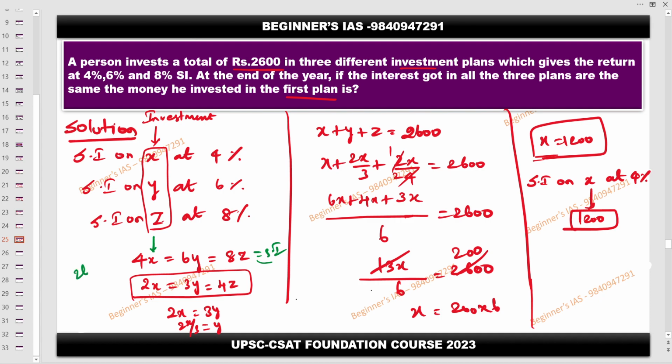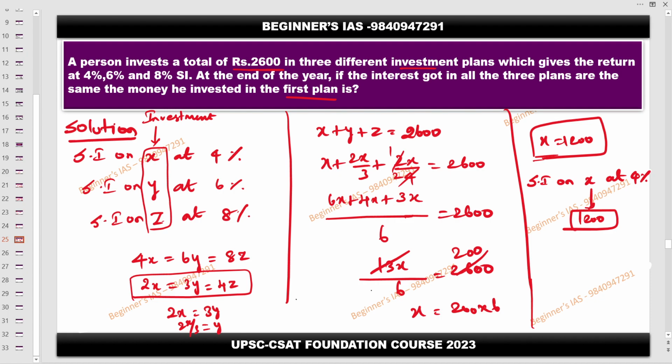The simple interest with respect to all three plans is equal, which means this principal at this interest percentage gives simple interest equal to this money at this percentage and this money at this percentage. Then simply I am cancelling here.